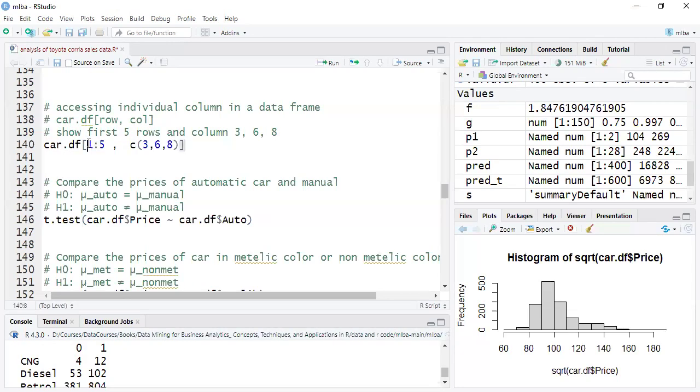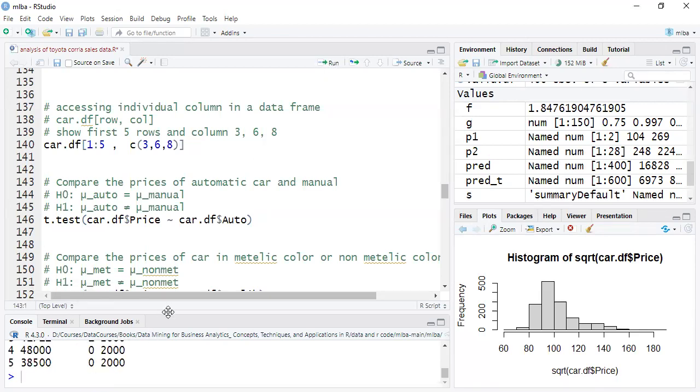If you want to access only 5 rows, then in the square bracket, in place of rows, just mention the row numbers 1:5, so row number 1 up to 5. And which columns do you want to access? Column number 3, column number 6, column number 8, three columns. So you can specify any sub matrix in a square bracket to watch the data.